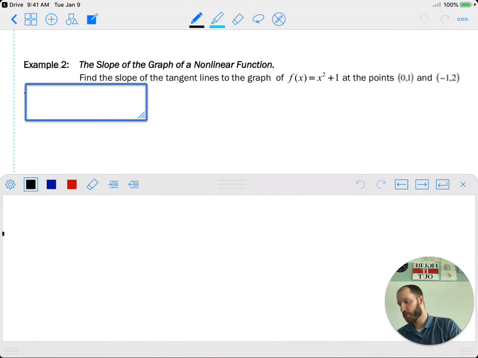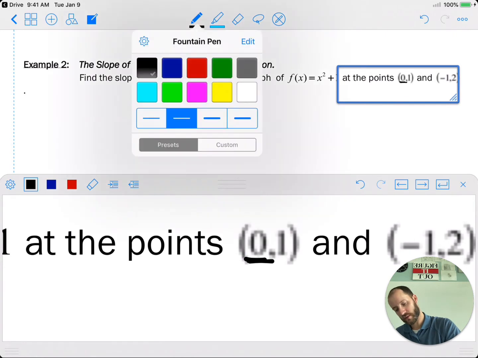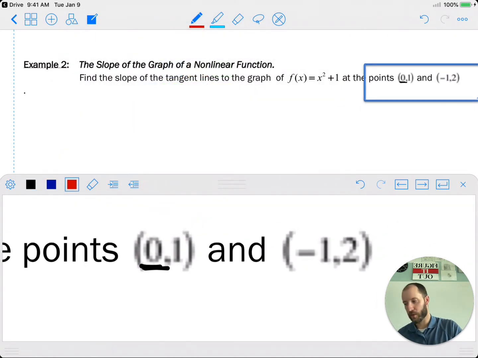At the first point, the point (0, 1), we'll use 0 as our first x coordinate. And at (negative 1, 2), we'll use negative 1 for our second x coordinate.